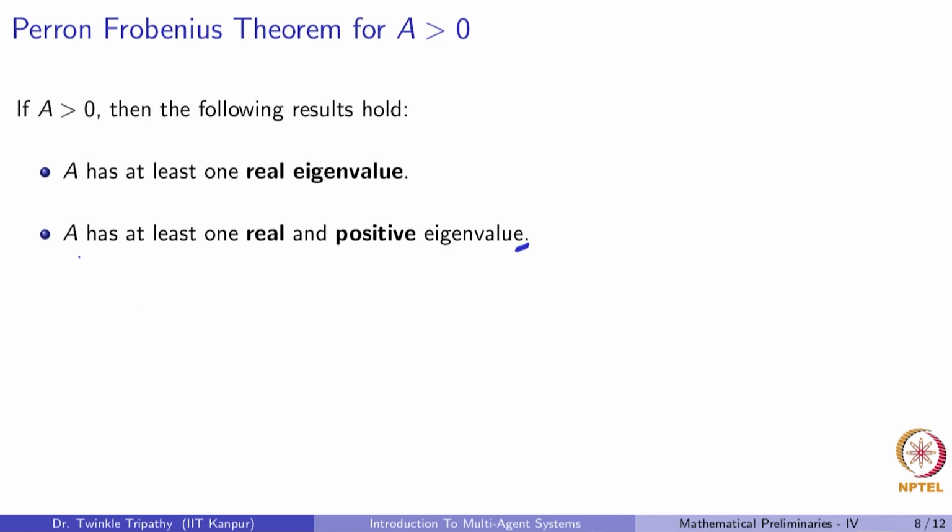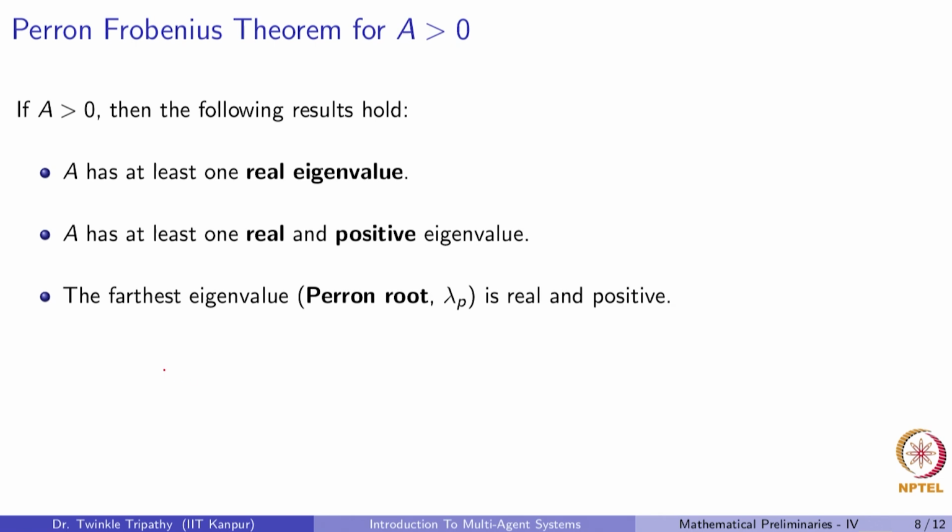But in general, a positive matrix A will always have an eigenvalue which is both real and positive. As we saw in the previous case, let me write this example here. The eigenvalues were this. So we see that we have our eigenvalue which is real and positive.